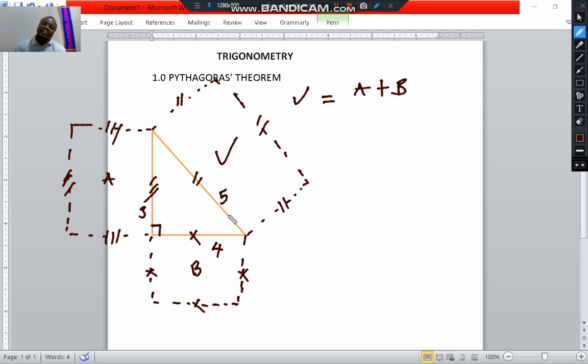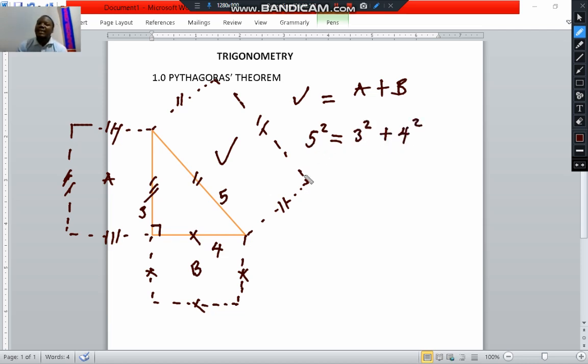What this man discovered was if I square 5, which is just like finding the area of this side, this would always be equal to the sum of the squares of the other 2 sides. So he said this would always be equal to 3 squared plus 4 squared.